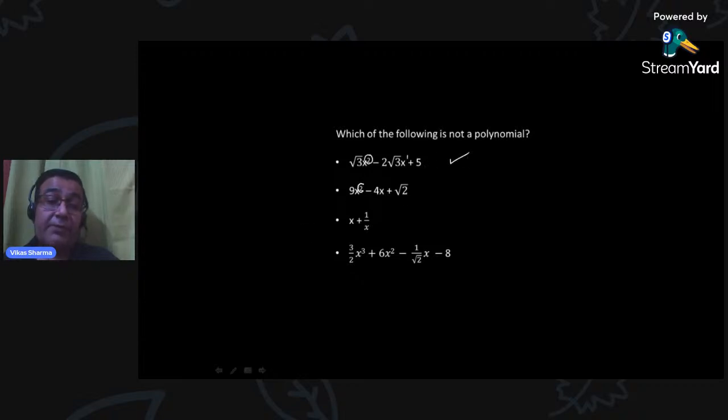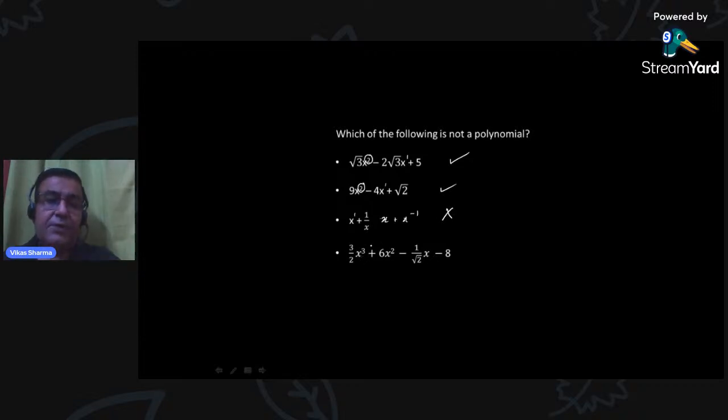We've got a power of 2 here, we've got a power of 1 here, no x term in this, so this also is a polynomial. We've got a power of 1 here, and here the x comes in the denominator, which means we can also write it as x plus x to the power minus 1. So as soon as a negative power comes, we know that this is not a polynomial.